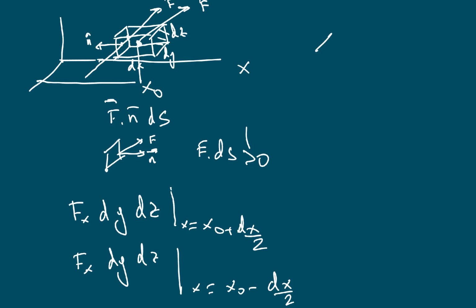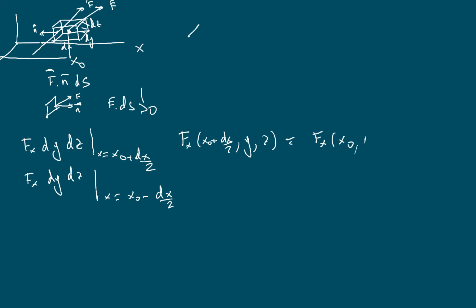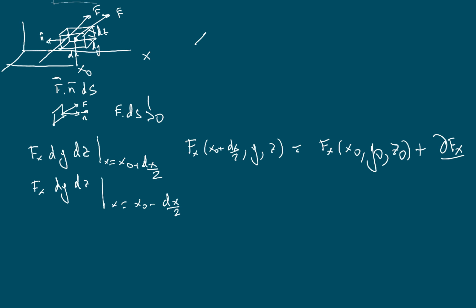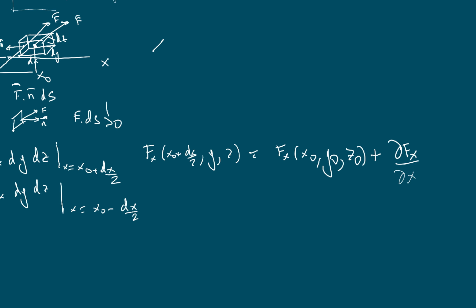So what is f_x? f_x evaluated at the point x0 plus dx divided by 2, comma y, comma z, is the same f_x that exists at the point x0, the component x of the field, at y0, z0, plus the change in f_x when I move in the direction of x, so I go to this side, the partial derivative with respect to x times dx, but dx I have chosen to be dx divided by 2.